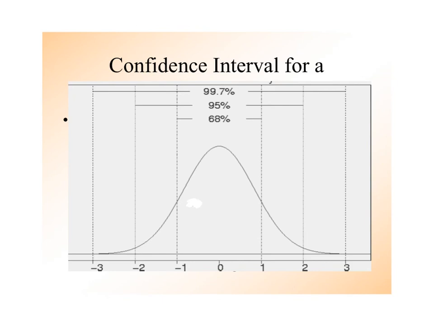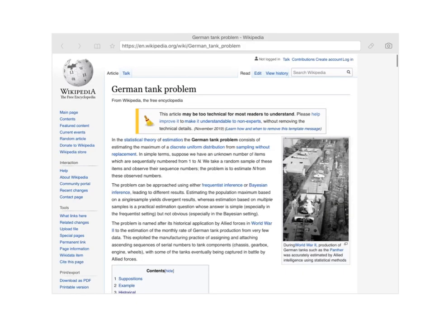One interesting fact I want to mention is that, in history, different statisticians have used this method of confidence intervals, specifically in World War II. If any of you are interested in your history classes on World War II, there was an incident called the German tank problem. If you've heard of it, awesome.